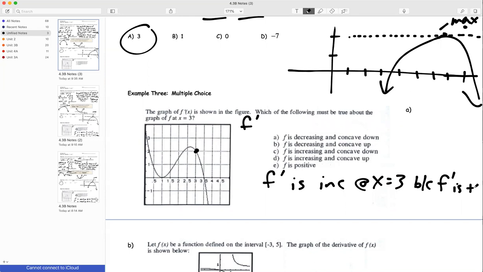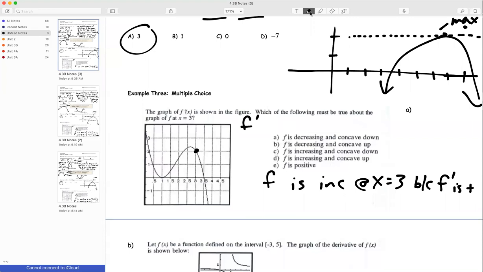It is above the x-axis at 3. Therefore, my derivative is positive. Therefore, my original function, sorry, that should say f is increasing. F is increasing at x is equal to 3 because f prime is positive. Okay, it is above the x-axis.